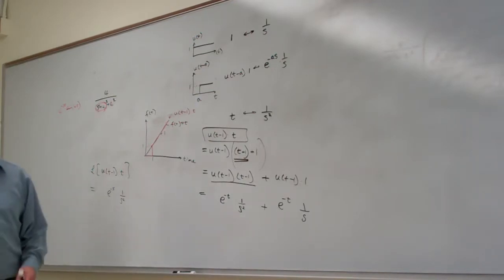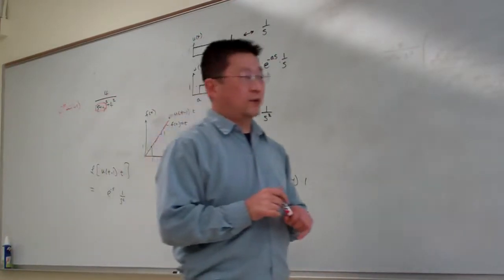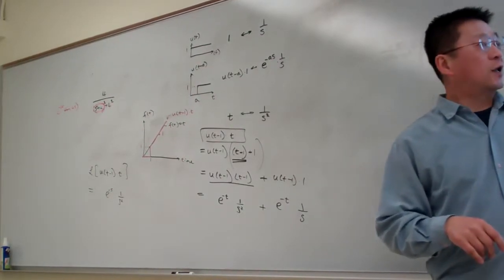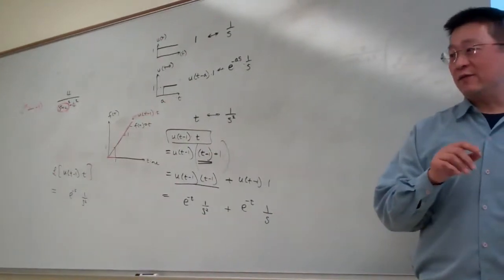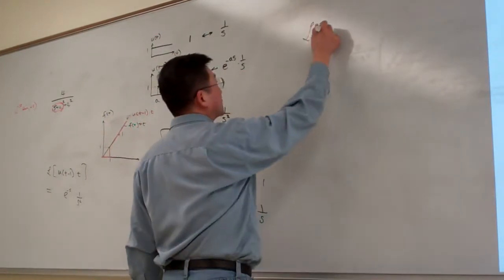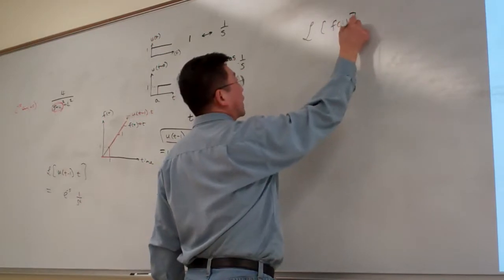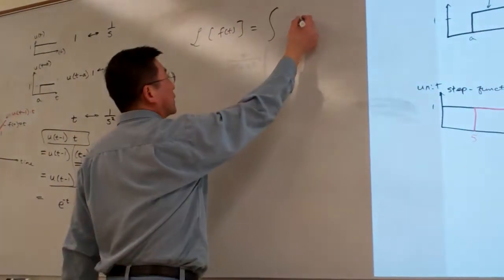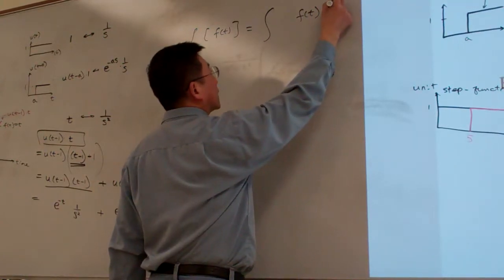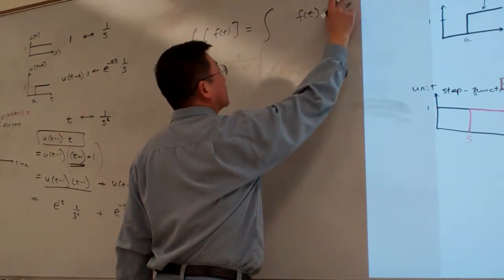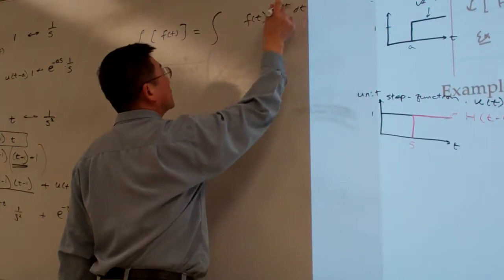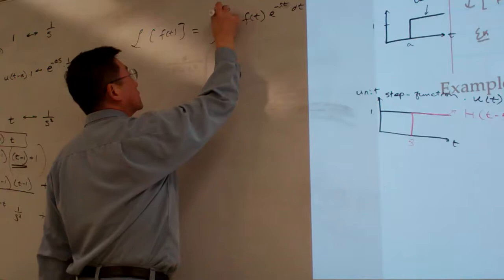Okay. If you don't believe it, the simplest way is to plug whatever function into the original definition of the Laplace transform. The Laplace transform of any function f of t is defined as the integral of f(t) e to the minus st dt from 0 to infinity.